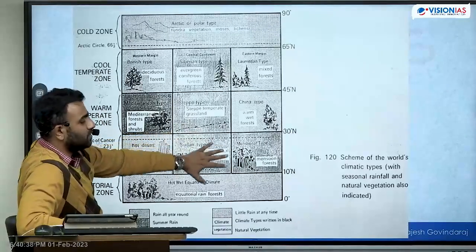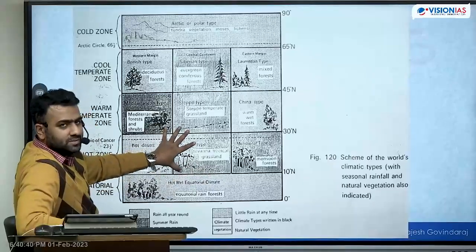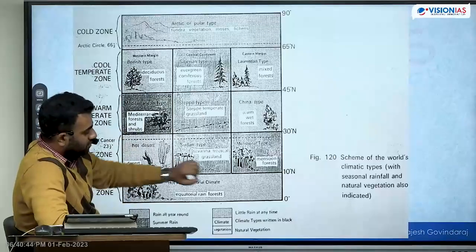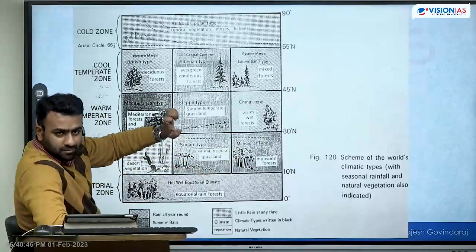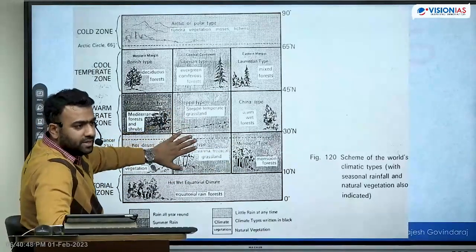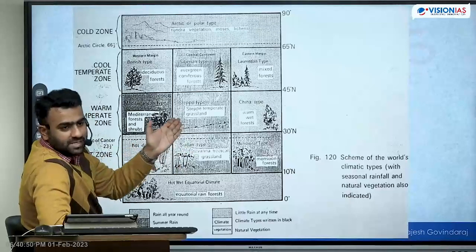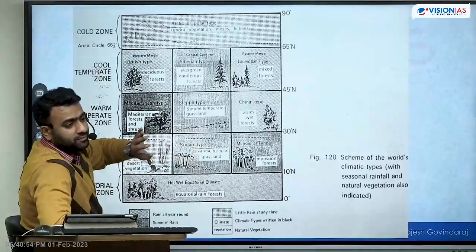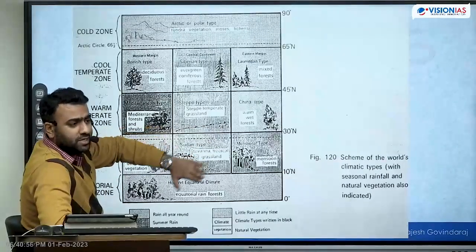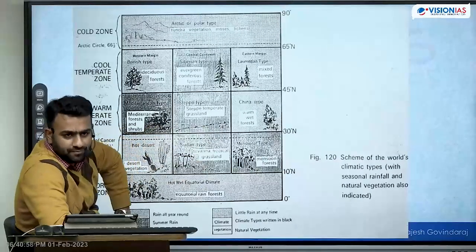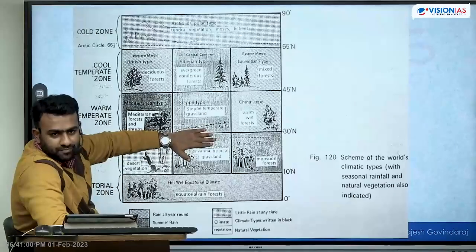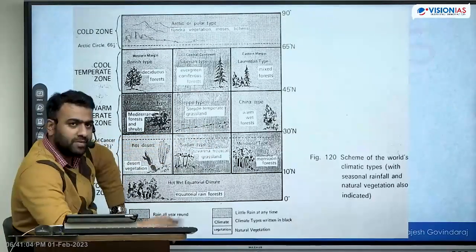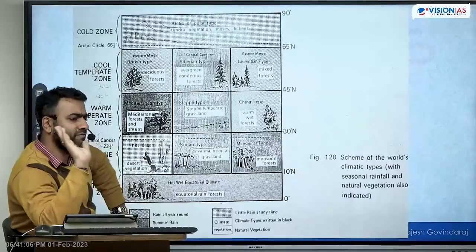The characteristic of savanna type of climate is there is a definite dry season. Monsoon, short dry season. Savanna, long and definite dry season. Okay? At least for 4 to 5 months there is no precipitation. It becomes totally dry. That is what is savanna grasslands. Precipitation happens in summers due to convection.